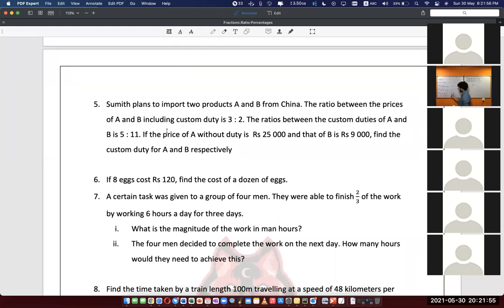Price of A is 3x, custom duty is 5y. So from the final price of A, you remove the custom duty. When you remove the custom duty, what is remaining? That is price of A without duty, isn't it? So that is going to be 25,000. Equation 1, right? Is it clear?